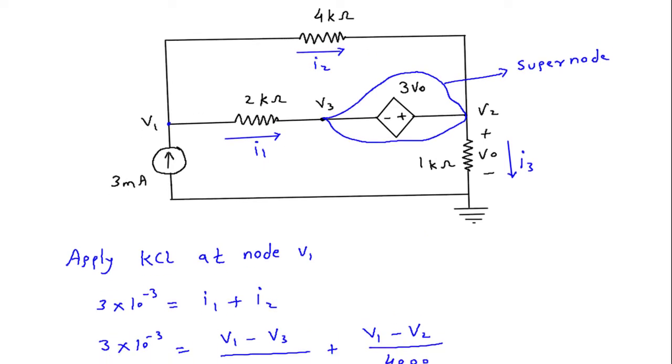Next we will apply KVL. This is loop number 1. Let's start from this point.